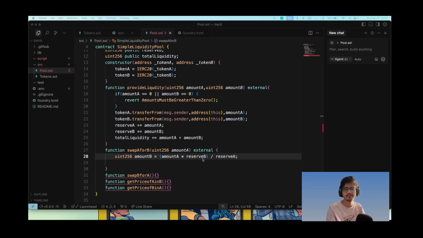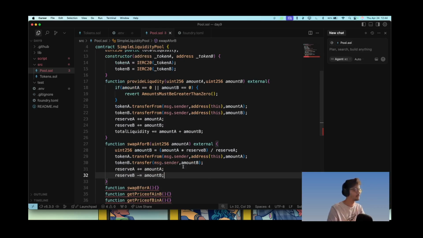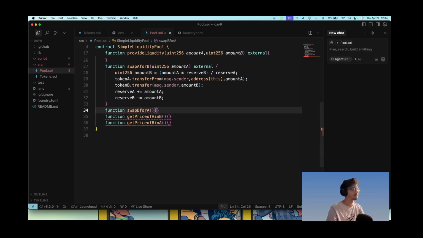Let's make this a function. Token.transferFrom and token.transfer(msg.sender, amountB), and yeah, that's cool enough. And reserveB gets minus and reserveA gets plus.